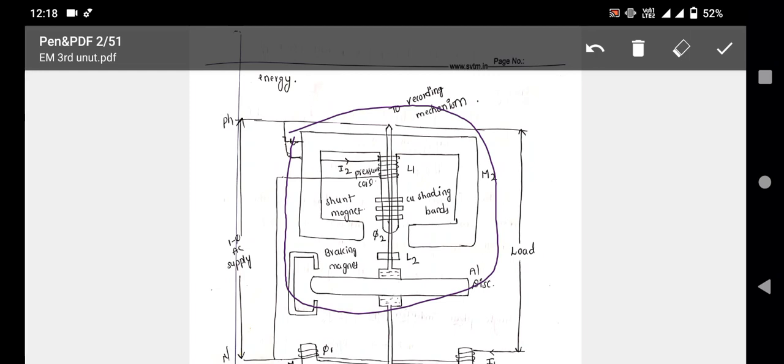Out of the three we mostly use motor type meters; these are the most commonly used. Whereas clock meters, because of their complexity, have practically disappeared from use, although we have some applications as standard because of their inherent high accuracy. Electrolytic meters are still used to some extent.